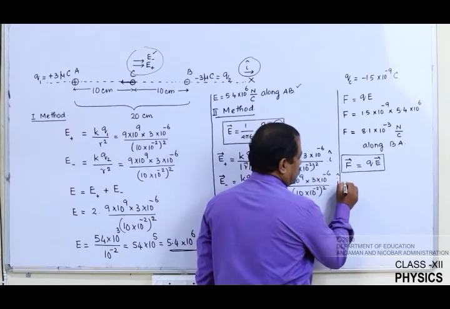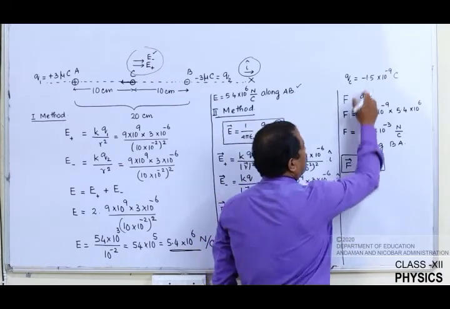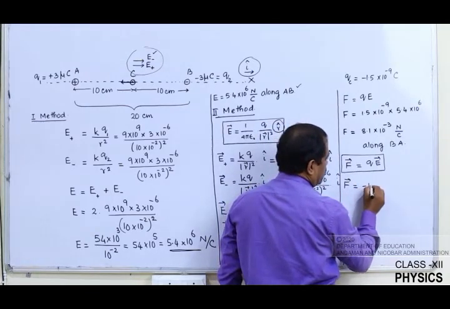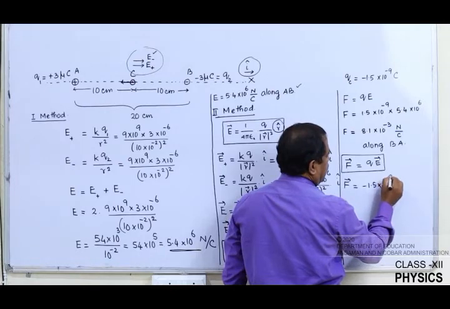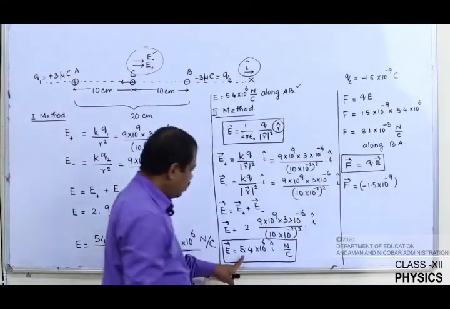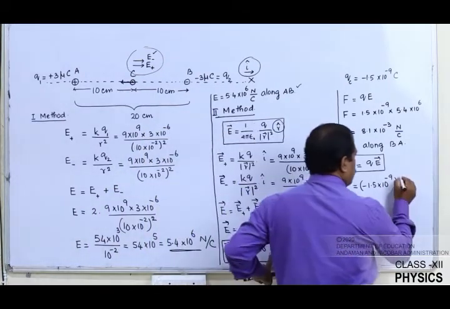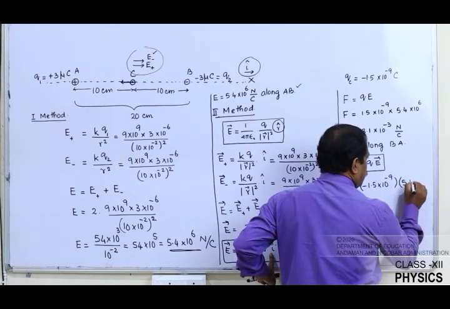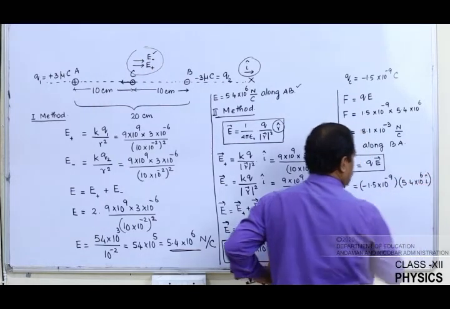So for our case, F is equal to, charge Q is minus 1.5 into 10 power minus 9 into E. E in vector form I already calculated, 5.4 into 10 power 6 i cap.